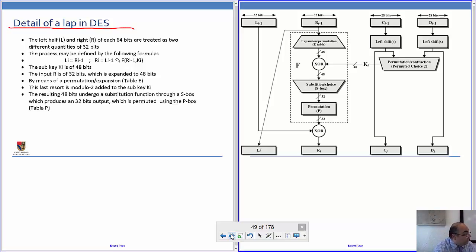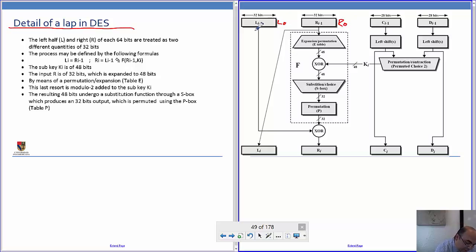So, because we chose to have a 64-bit block, the left side will be 32 bits, and the right one will also be 32 bits. So, this is the left one, and this is the right one. This is the first one, so we can call it L0 and R0, okay?